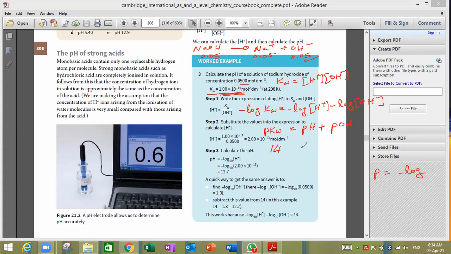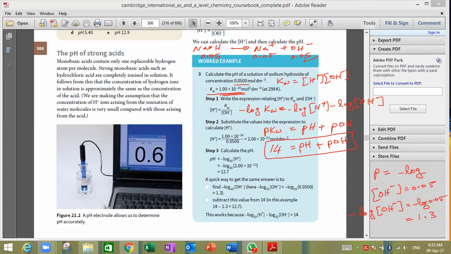So we say 14 equals the pH plus the pOH. This is another rule to calculate the pH. Now here, in our problem, we had the concentration of the OH ions equal to 0.05. So if we take minus log the OH ions, which is minus log 0.05, we get a value of 1.3.